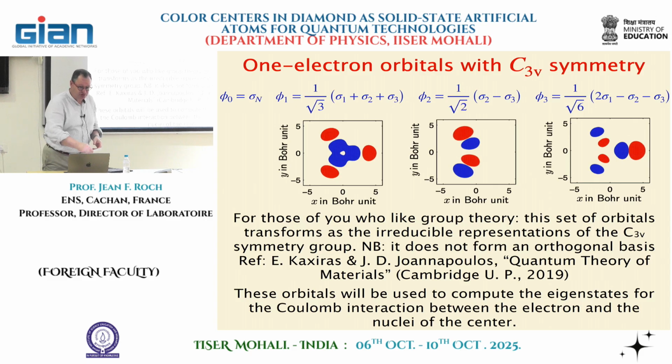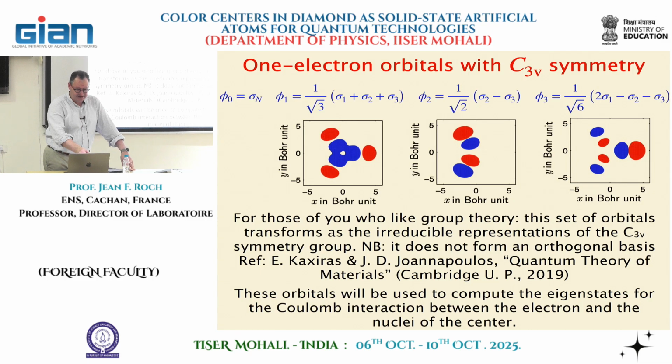And the other one, for instance, is a linear combination of sigma 1, sigma 2, and sigma 3. So there is one which is the most symmetrical: 1 over square root of 3 for the normalization, sigma 1 plus sigma 2 plus sigma 3. And here I have put the distribution of the probability, the modulus square of the wave function, on the plane, with plus and minus depending on the sign.